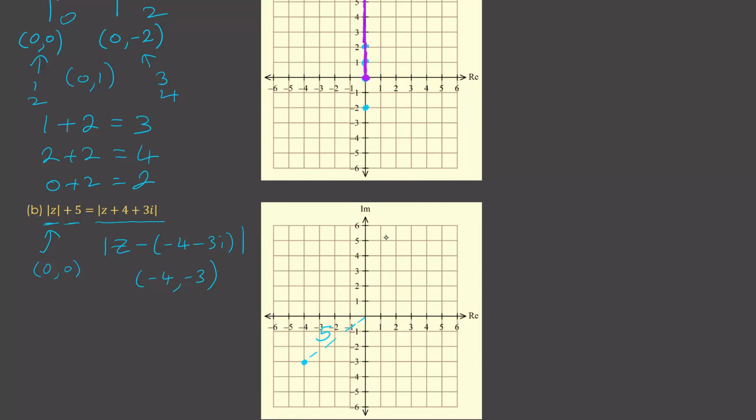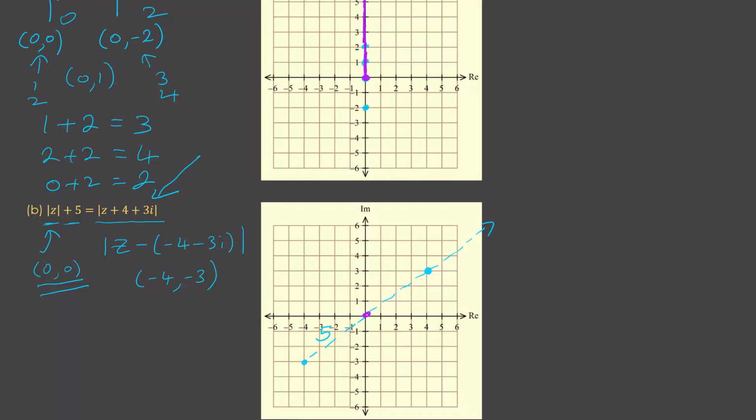So if we continue that line on into the first quadrant, it should be clear that any point on here, such as 4, 3, is going to be 5 units further from negative 4, negative 3 than it is from 0, 0, by a similar argument used in the first part of this question.